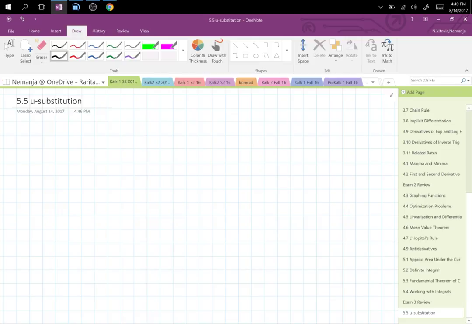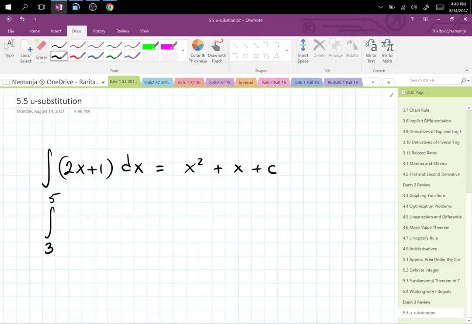So we learned so far only basic integration. You learned that, let's say, the integral of 2x plus 1 dx is equal to x squared plus x plus c. And you also learned that if you have limits, let's say 3 to 5 of, I don't know, x cubed, whatever. No, it's going to be crazy to compute. Just x minus 1.